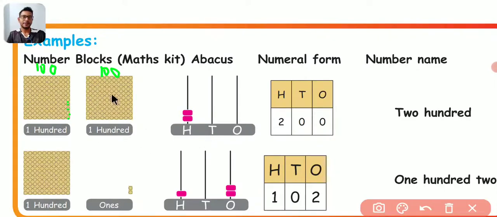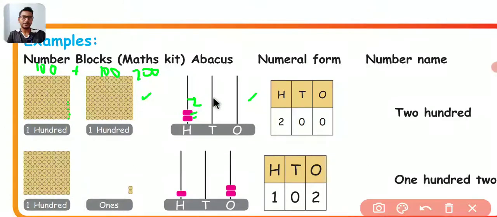Next, they are representing this picture in the abacus. What is the number? This is 100, this is 100. 100 plus 100, yes, 200. In ones there are no beads, in tens there are no beads, and in hundreds how many beads? 2 beads.